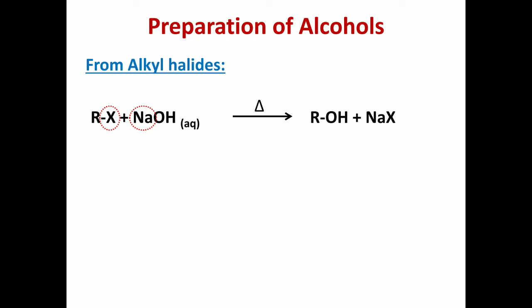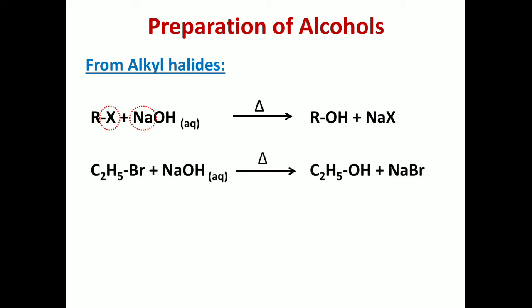Now let me explain with the help of an example. Suppose we are using C2H5Br, that is ethyl bromide, and treating it with an aqueous solution of NaOH, providing a certain amount of heat energy.